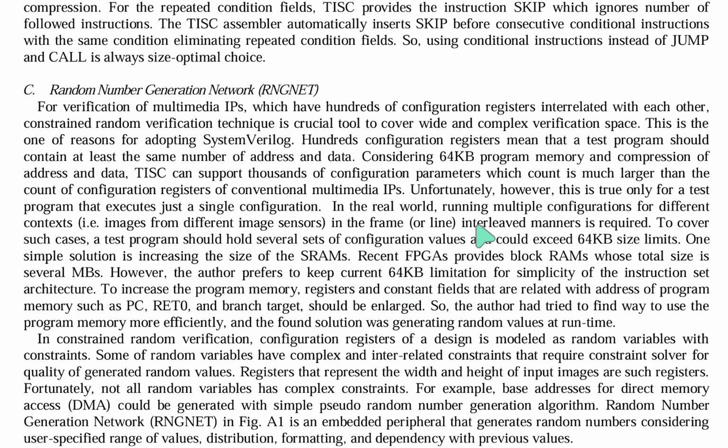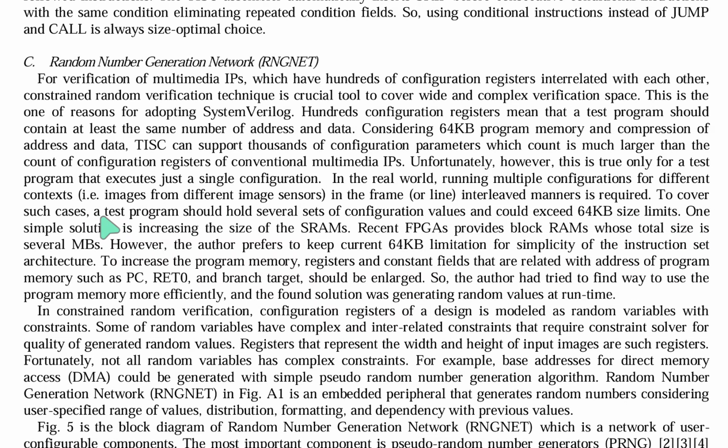In the real world, multiple configurations run for different contexts, that is, images from different image sensors. Frame or line interleaved manners are required. To cover such cases, a test program should hold several sets of configuration values, which could exceed the 64 kilobyte size limit.